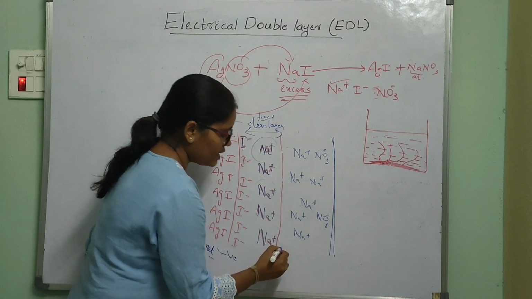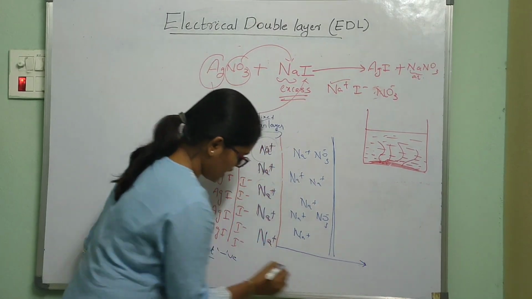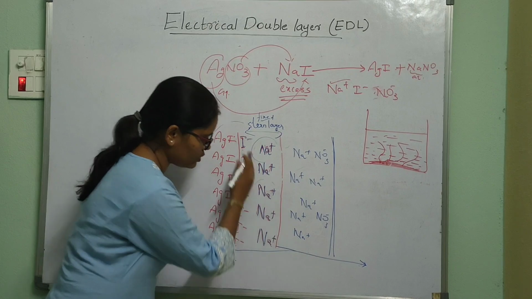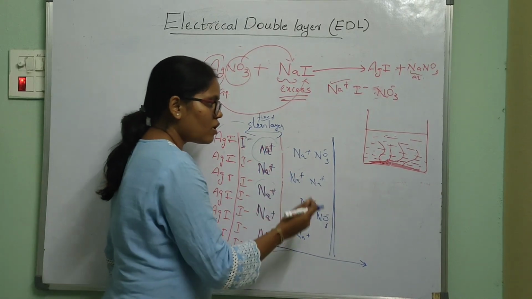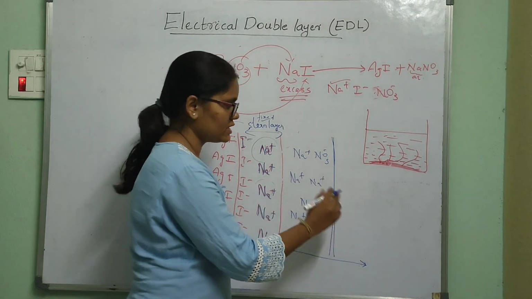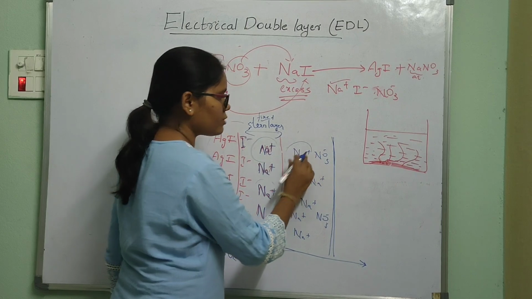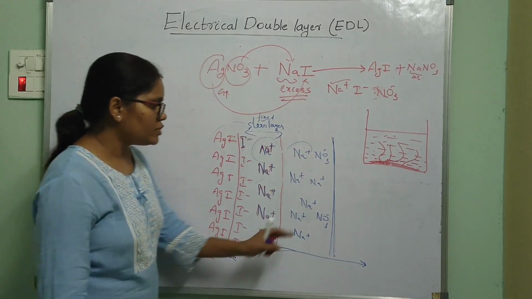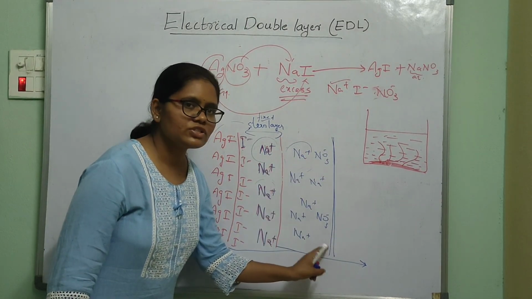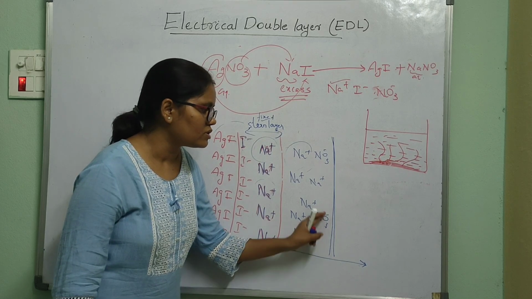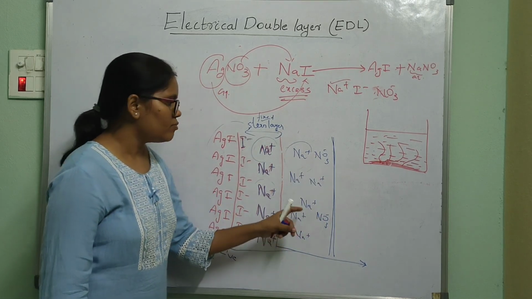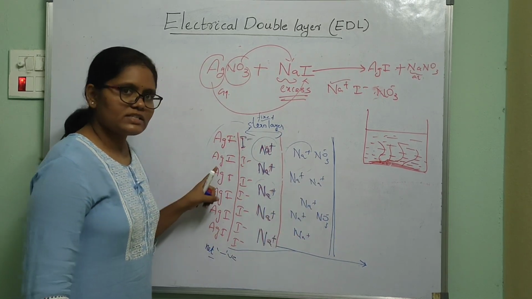nitrate ions. And as you move away from the surface of this colloidal particle, the concentration of positive ions decreases. Okay, the concentration of sodium ion decreases. But to a certain extent, the concentration of sodium ion is more than the concentration of nitrate ion because the colloidal particle is negatively charged.